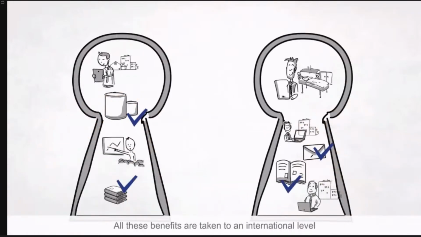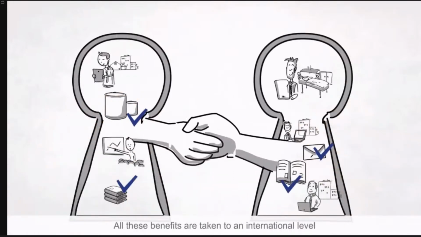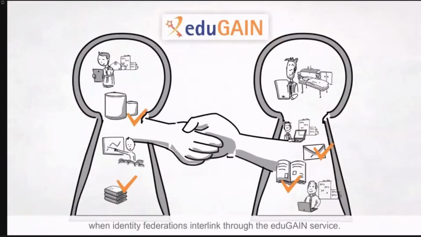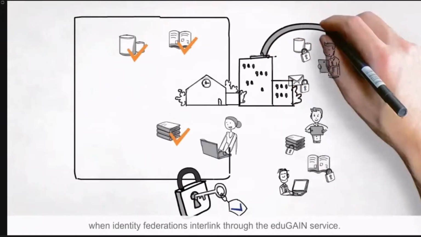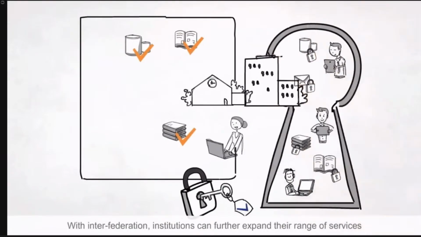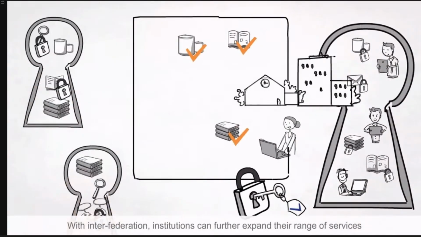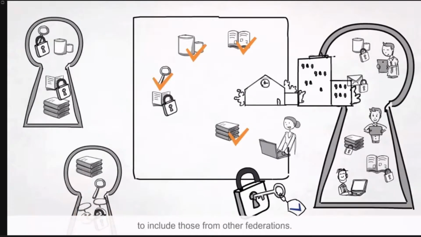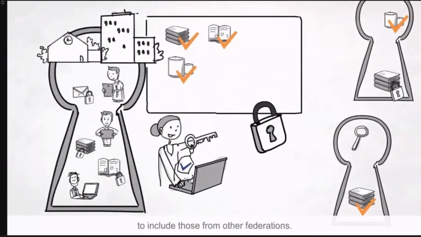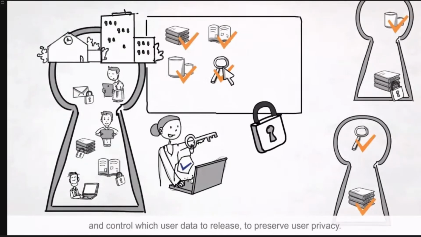All these benefits are taken to an international level when identity federations interlink through the eduGAIN service. With inter-federation, institutions can further expand their range of services to include those from other federations. Institutions can also choose only trusted services and control which user data to release to preserve user privacy.